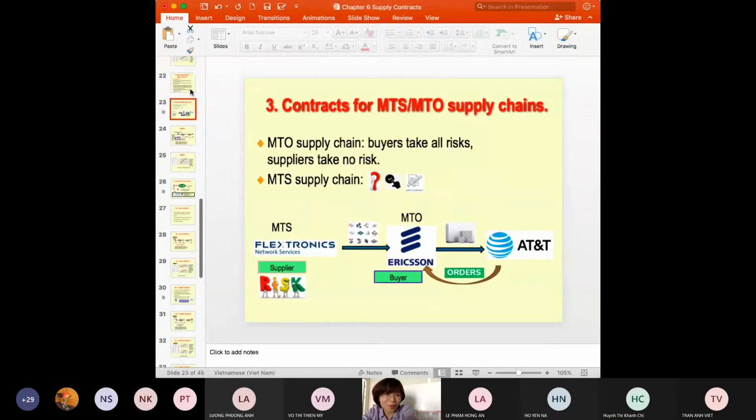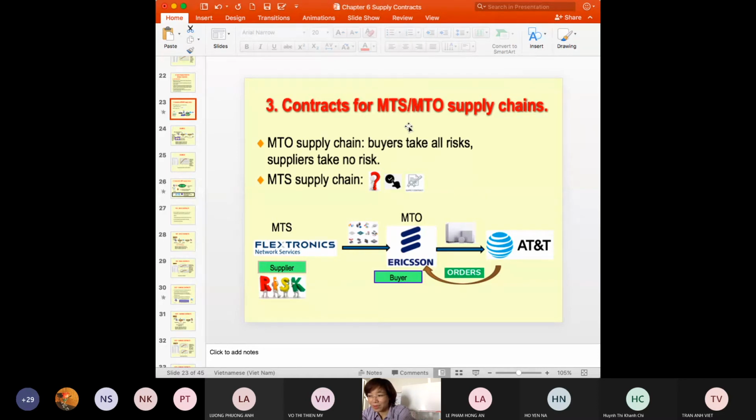Okay, so we stopped at the contracts for make-to-stock and make-to-order supply chains, right? Previously, we just finished the five contracts.